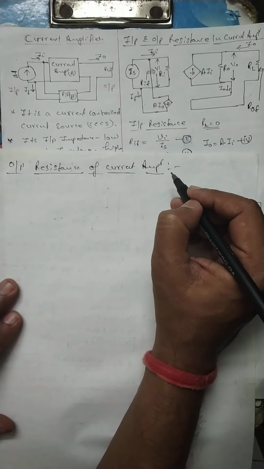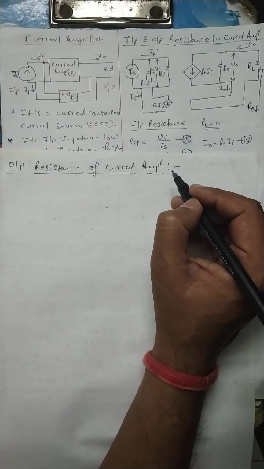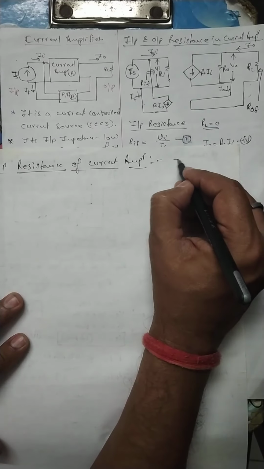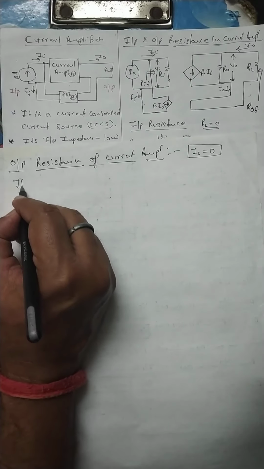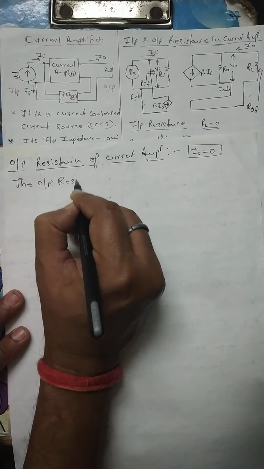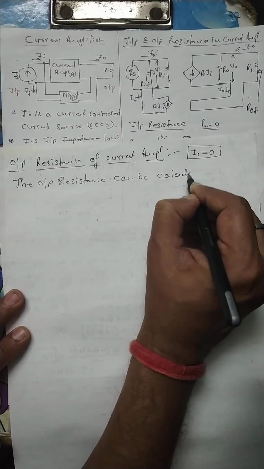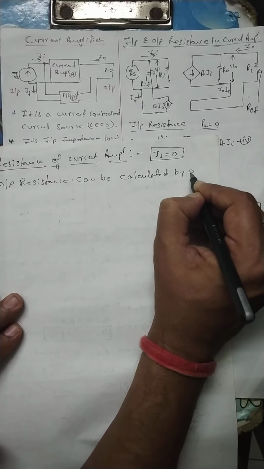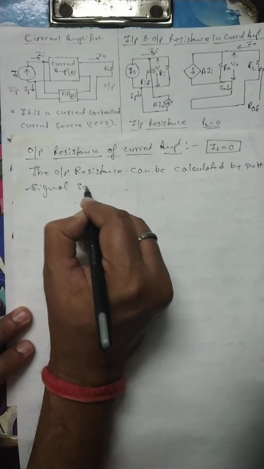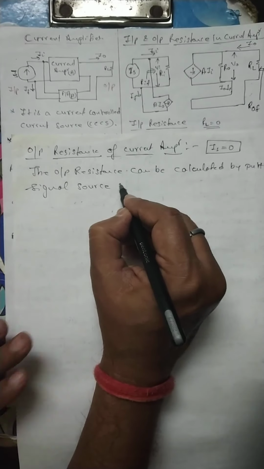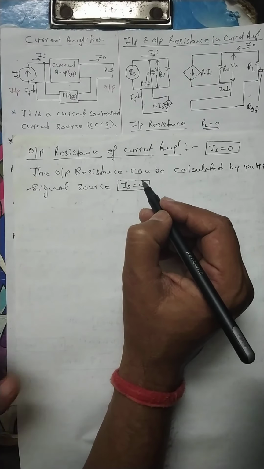As I told, for calculating the input resistance we have to make the load resistance equal to 0, and for the output resistance we have to make the input source equal to 0. The output resistance can be calculated by putting the signal source, whether voltage or, in this case, current, Is equal to 0.